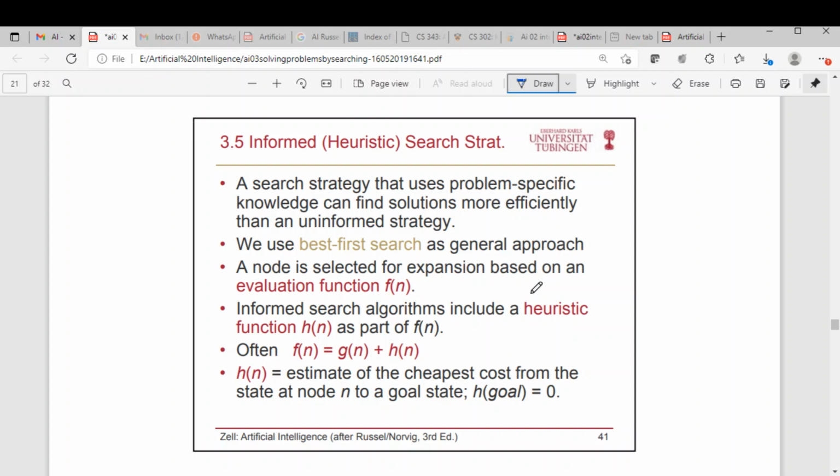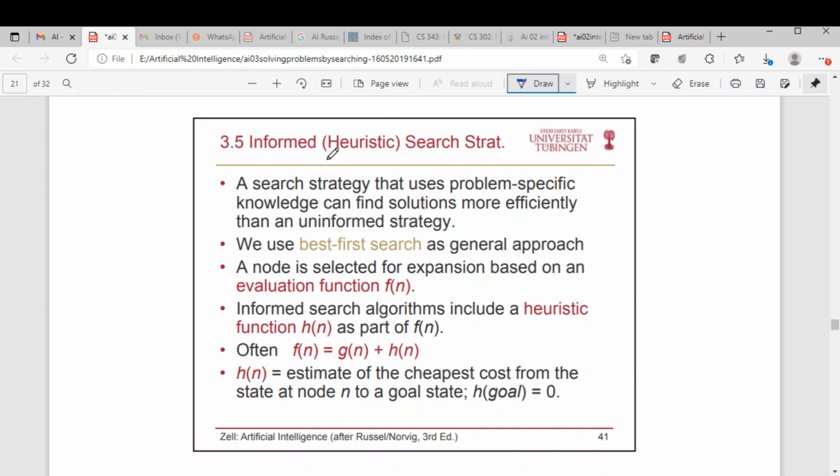Heuristic is basically a measure of the degree of correctness. We have some guiding principle which guides us in which direction the search should proceed. A search strategy that uses problem specific knowledge can find solutions more efficiently than an uninformed search strategy.